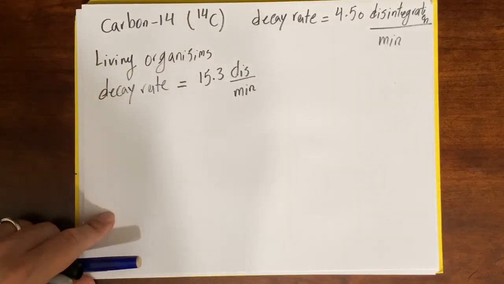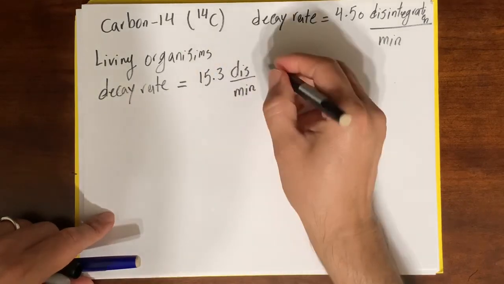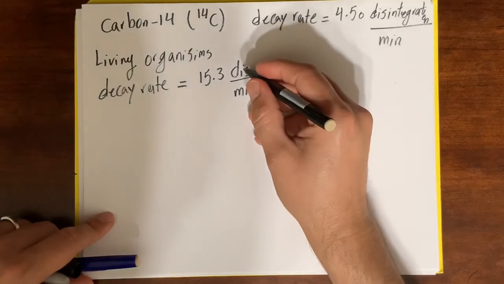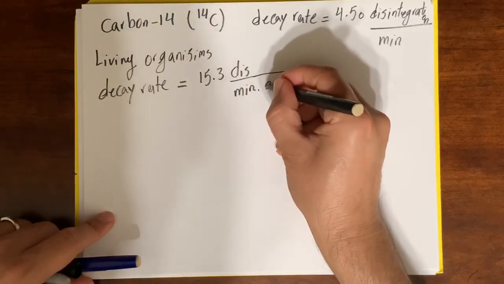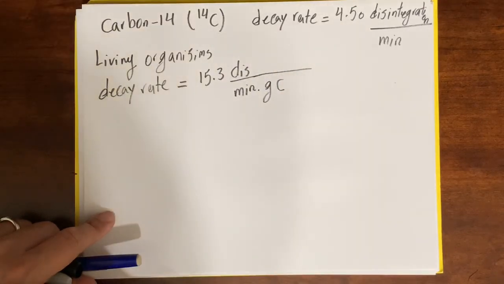Okay, and it says 15.3 disintegrations divided by minute multiply gram of carbon.